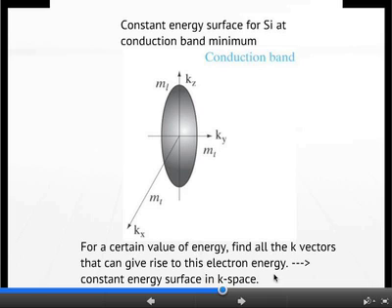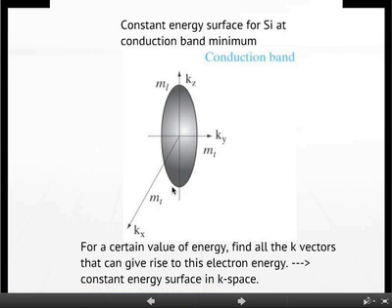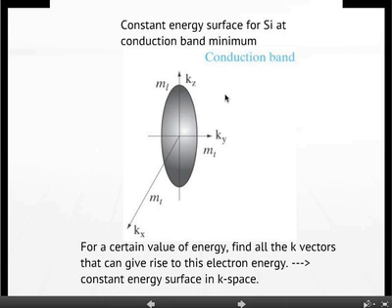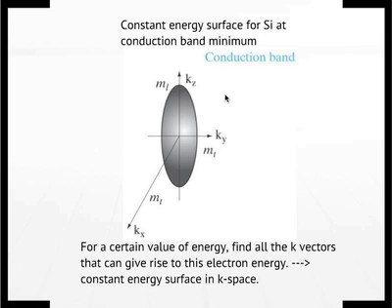So you look at the band structure, you pick some energy, find all the k vectors that can correspond to that energy, then you draw a locus, a surface. Okay? This is kx, ky, kz, and then a surface of constant energy. So anywhere on the surface, the electron has the same energy. Okay? So constant energy surface in k space.